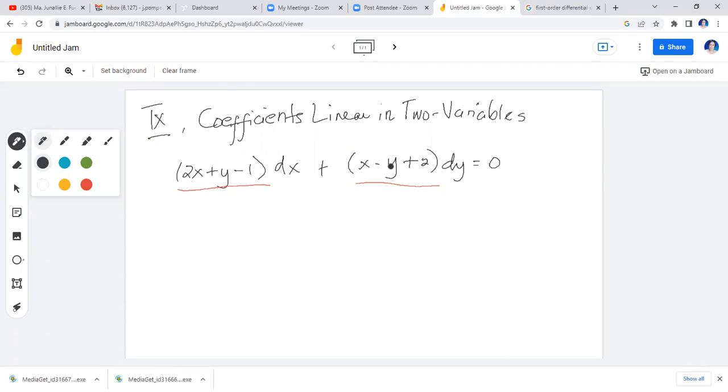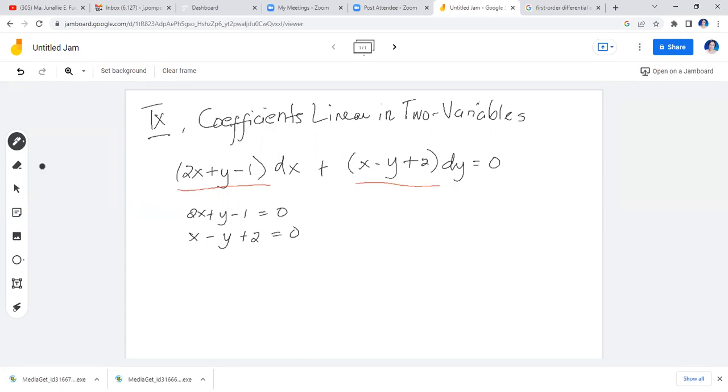So what do I mean? So we copy our coefficients. You have 2x + y - 1. We equate this to 0. Then we have x - y + 2, and we equate that as well to 0.